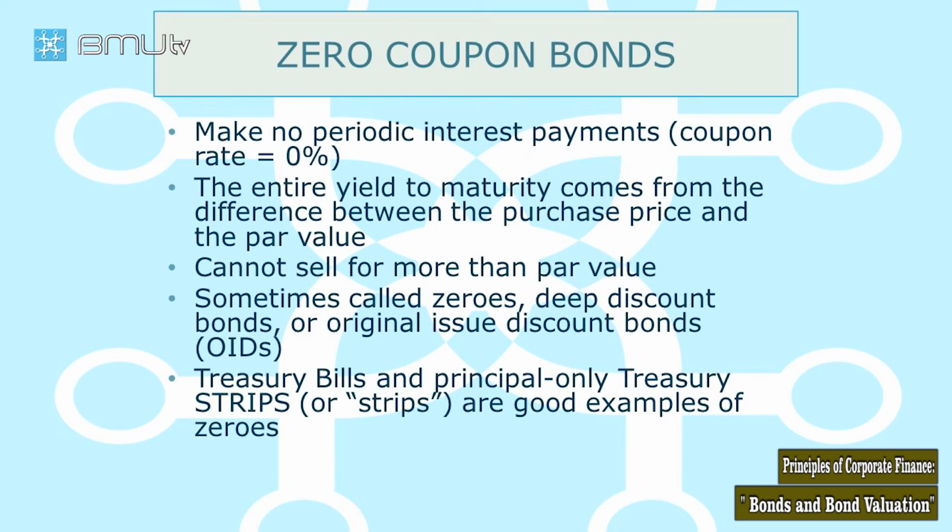The entire yield to maturity comes from the difference between the purchase price and the par value. They cannot sell for more than par value, that's logical. No one will pay higher than par value. Sometimes they are called zeros, deep discount bonds, or original issue discount bonds. Treasury bills and principal-only treasury strips are good examples of zeros.